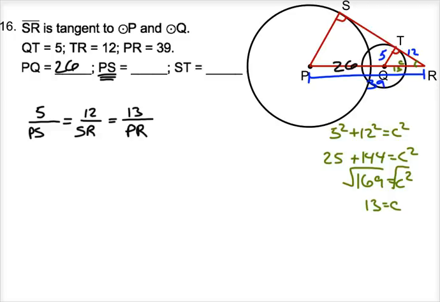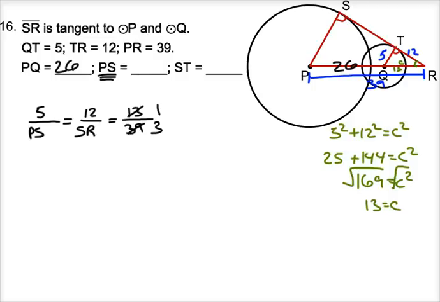So looking at my proportion, I need to know one of the values on the bottom to be able to solve this. And I notice that I actually know how big PR is. PR is 39. So I'm going to come up here and change this to 39. I notice I can reduce by 13. And now I'm going to cross multiply to figure out how big the value of PS is first.